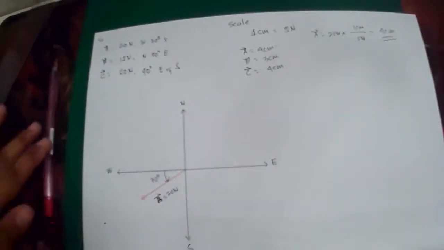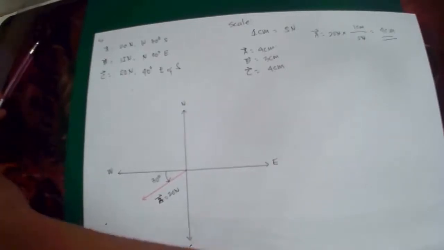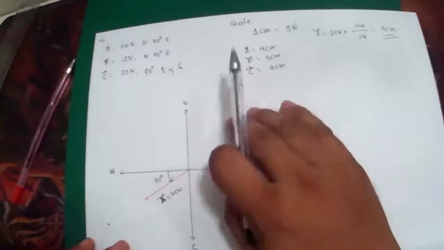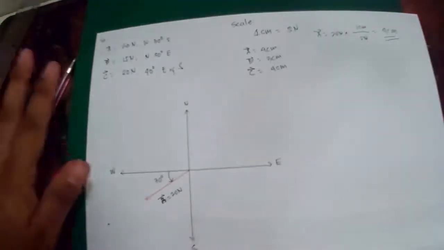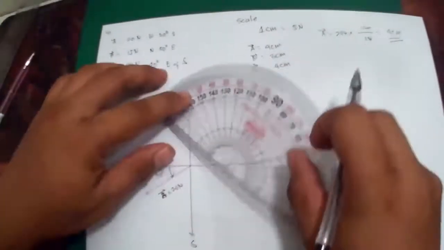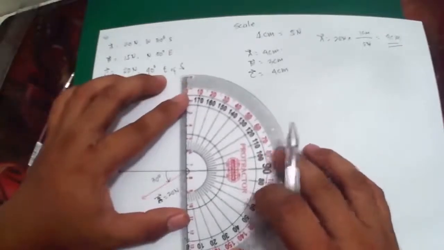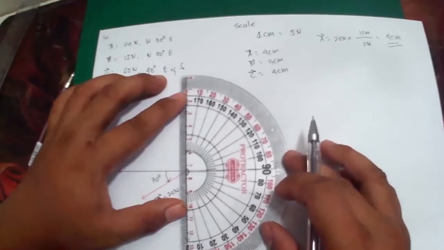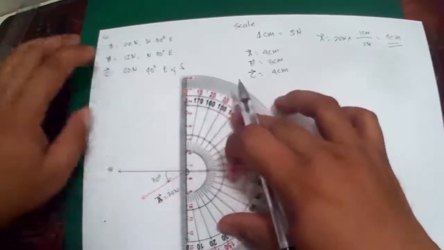Let's go for vector B. Vector B is 15 newtons, north, 50 degrees east. So in quadrant 1 because we have east and north here. What is the reference point? North. That is why I will place my protractor in this orientation like this one.